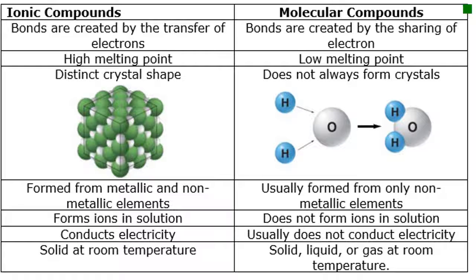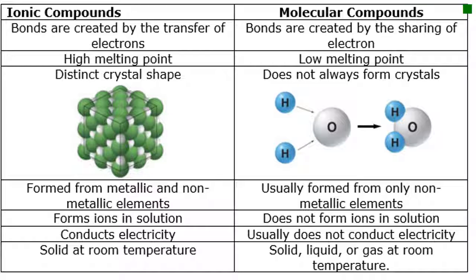Ionic compounds versus molecular compounds. You have to know the difference between them. In ionic compounds, the bonds are created by a transfer of electrons, so electrons go from one element to another. Because there's an actual transfer of electrons, the bond is quite strong. Therefore, it has a very high melting point and a distinct crystal shape.